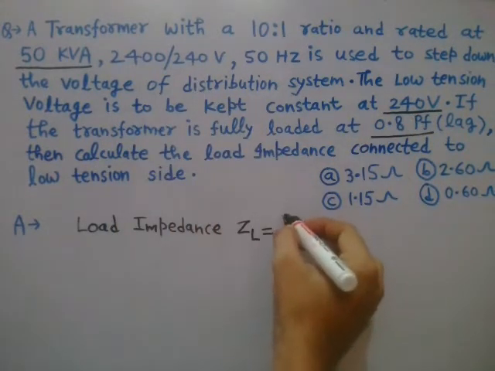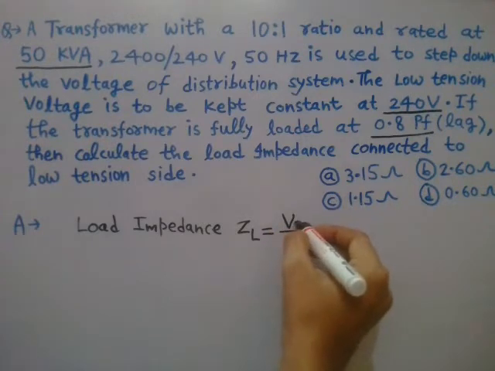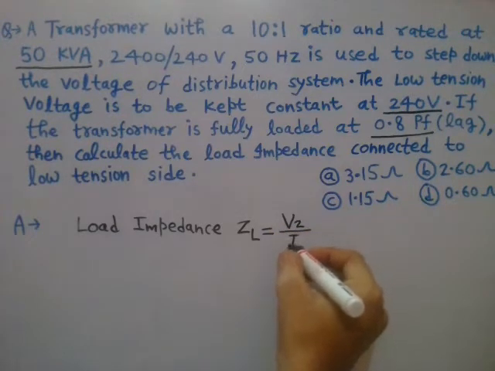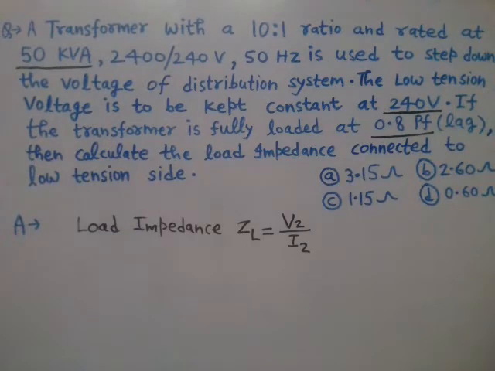So it will be V2 divided by I2. That is the load impedance. Equation 1: Z_L = V2/I2.